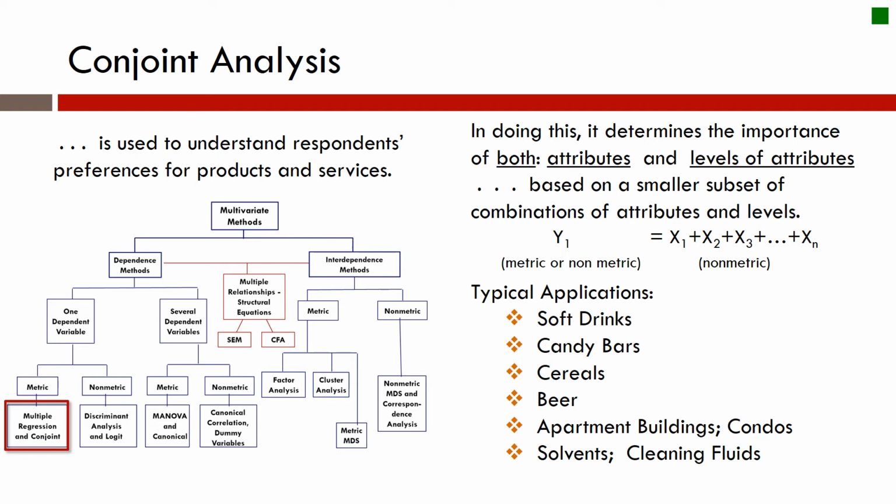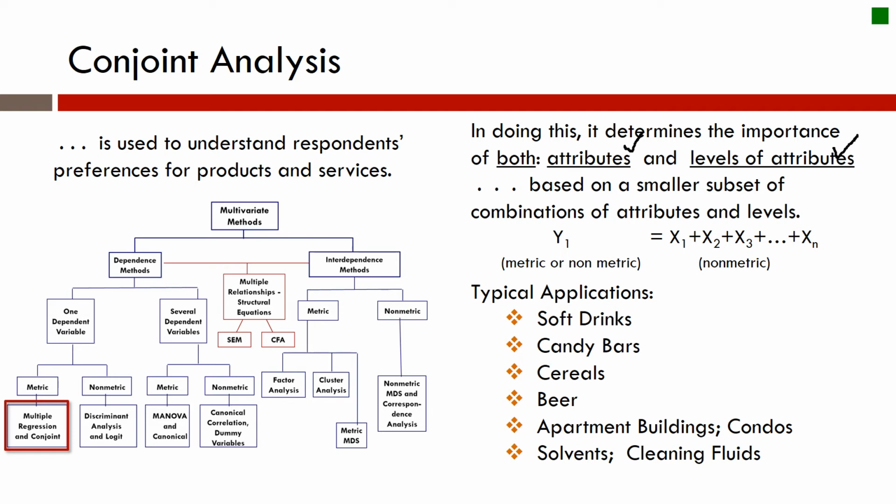We will look at, in terms of products, the attributes of the product, and then we'll look at different levels of product attributes. What's interesting here is you get something called a part worth and a score, and you get a value of the importance of the attribute, but then you also get an importance of the level of attribute when you do a conjoint analysis.